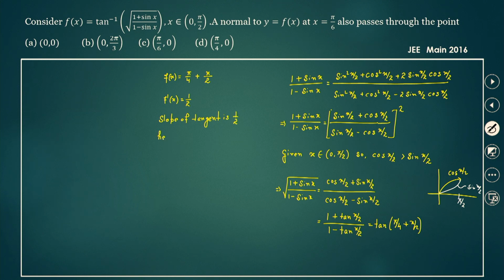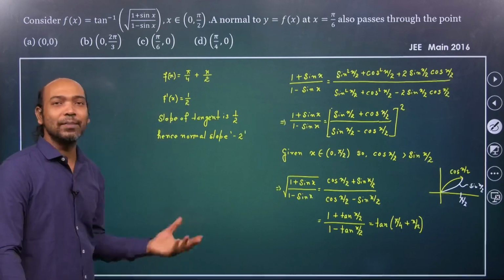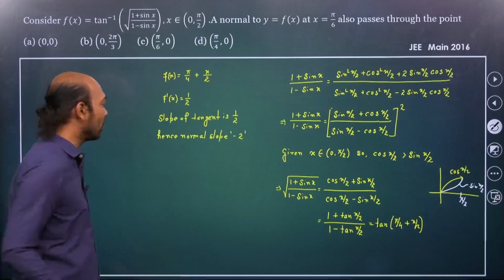Hence the normal slope is definitely minus 2. Here x is not important because f dash x is independent of x, so I don't consider that case.